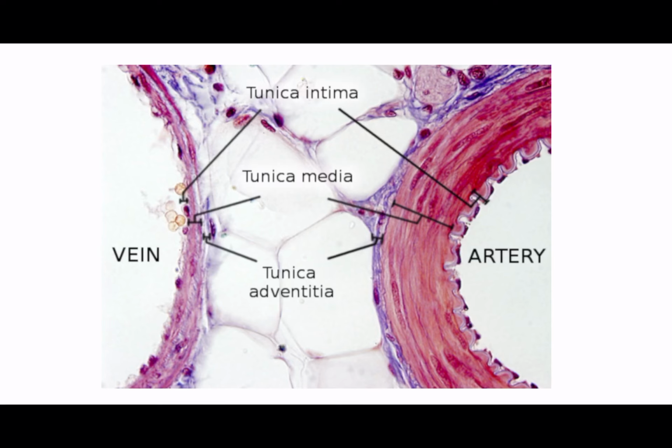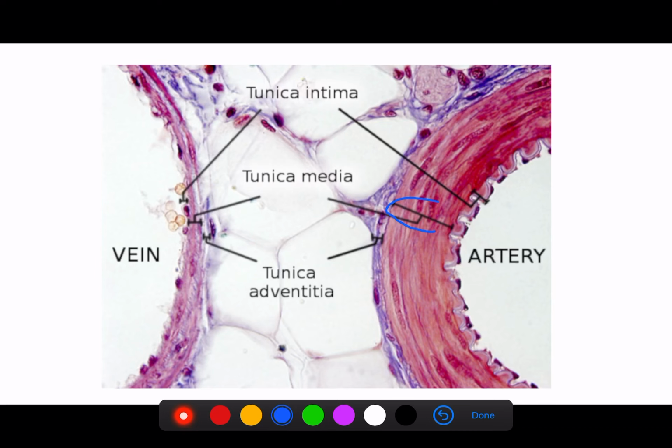As we take in histology, the artery's wall is thicker compared with the vein. The tunica media of the artery is much thicker compared with the tunica adventitia. But within the vein, the tunica media is smaller than the adventitia or equal in size.